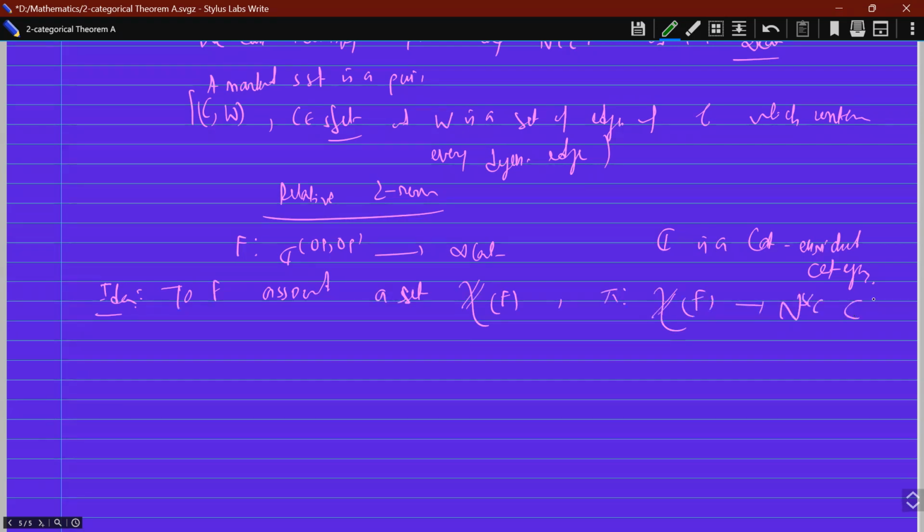Wait, let me write it down properly. So now this is a scaled nerve, right? I'll talk about scaled nerve later.